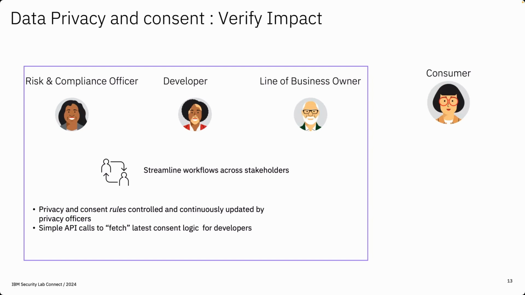The line of business owner is also happy, as there are rules to ensure that the right amount of data is collected. Eventually, that leads to a very enhanced user experience and a very happy customer.